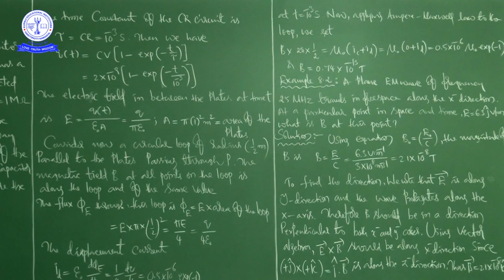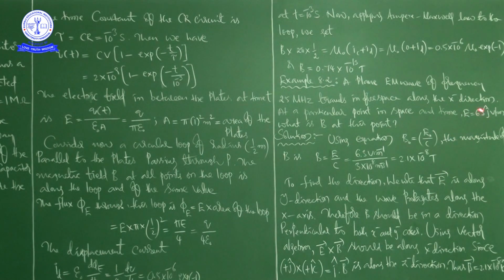To find the direction, we note that E bar is along the y direction and the wave propagates along the x-axis. Therefore, B should be... This one I need not say separately, just by seeing the letter you can understand.